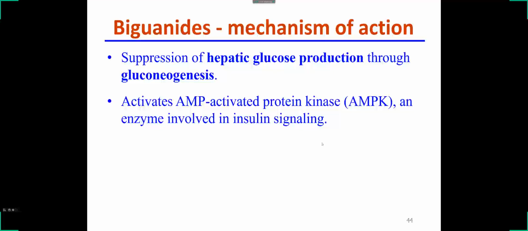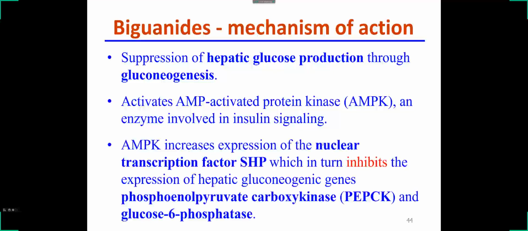So it facilitates and increases expression of that nuclear transcription factor SHP, which in turn inhibits the expression of hepatic gluconeogenesis genes, including phosphoenolpyruvate carboxykinase and glucose 6-phosphatase. Remember, these were important targets in the metabolic side of things in the liver.